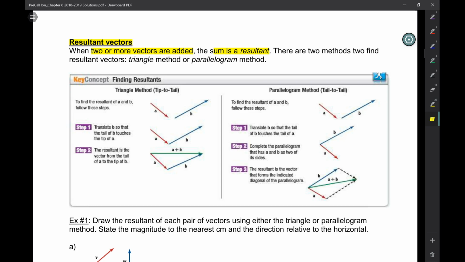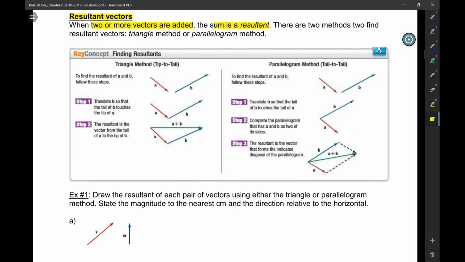I always prefer the triangle method. Coming from a physics point of view, from real world application, it just occurs more frequently and is more useful.